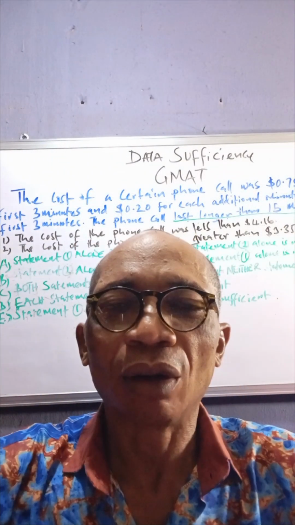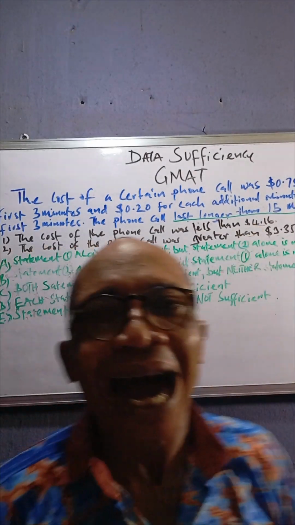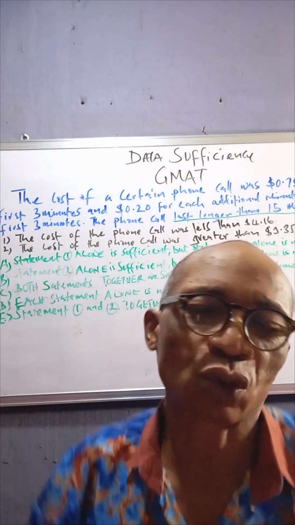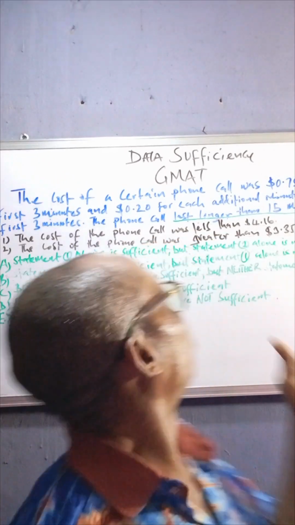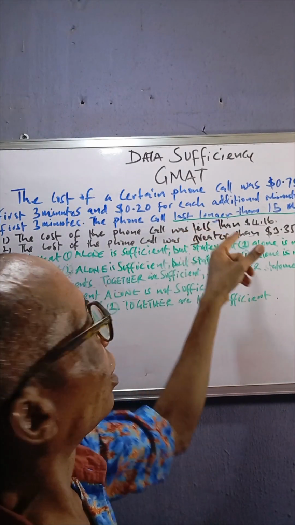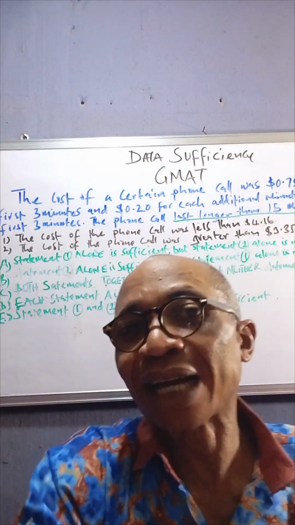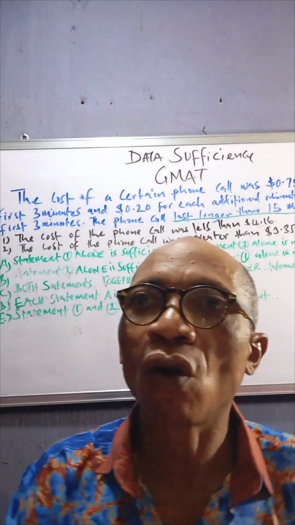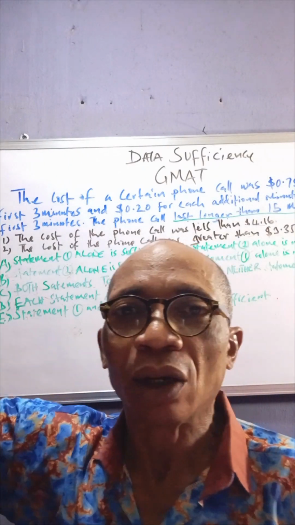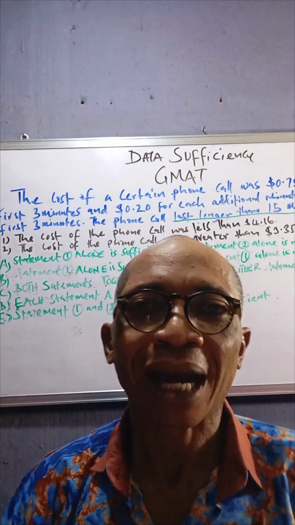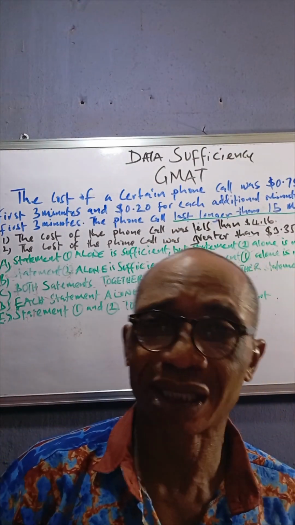So we look at statement 1 that says the cost is less than this. How can we say it's less than 4.16 when there is no boundary range? If we were told that the call lasts between 15 and 20 minutes, then we can say any cost that exceeds the upper boundary will be wrong, and any cost that is lower than the lower boundary will also be wrong.